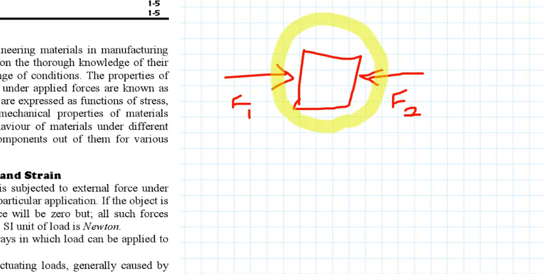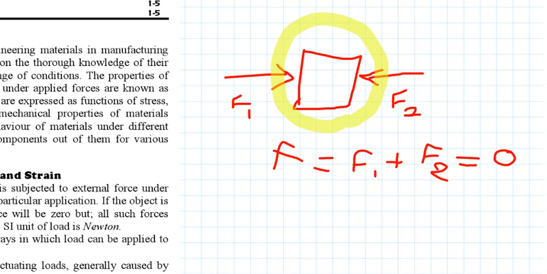Its state of motion will not change, and the resultant force F equal to F1 plus F2 will be equal to 0, because the resultant force is the vector sum of all the acting forces on the object.